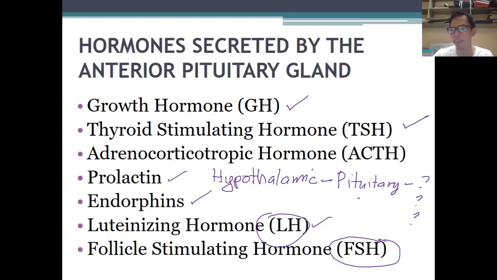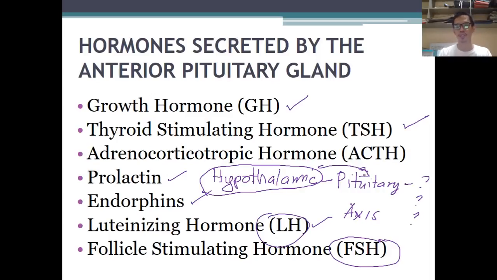So hypothalamic pituitary can be adrenal, can be thyroid, can be other endocrine organ axis. It follows this particular pattern. Again, an instruction from the hypothalamus will affect the function of the pituitary gland.